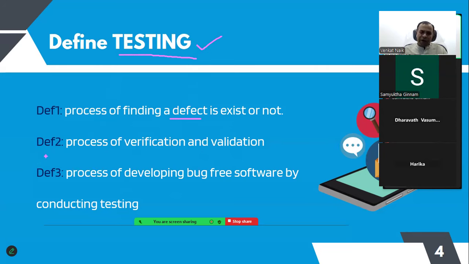Formally, scientifically or programmatically, the definition is that testing is the process of verification and validation. Generally, whenever you buy a product, it is verified that the given features are available in the product or not. But it is not validated.